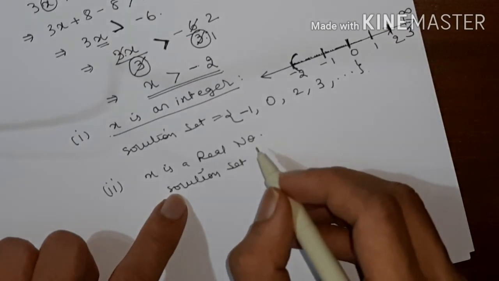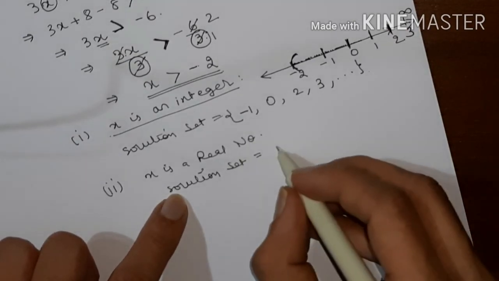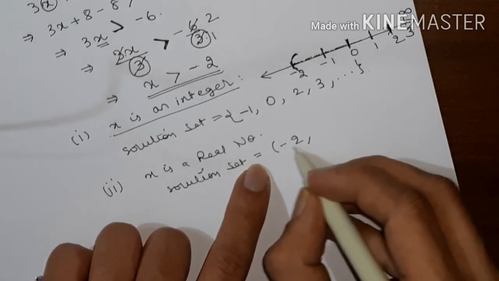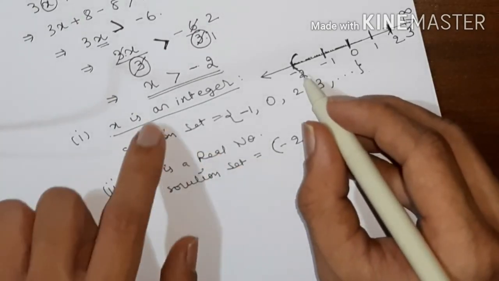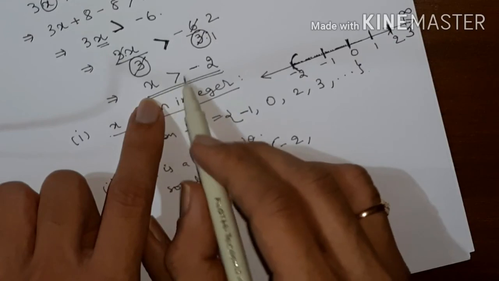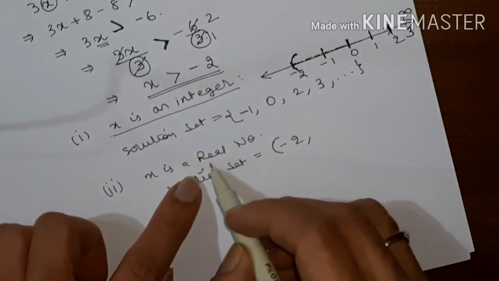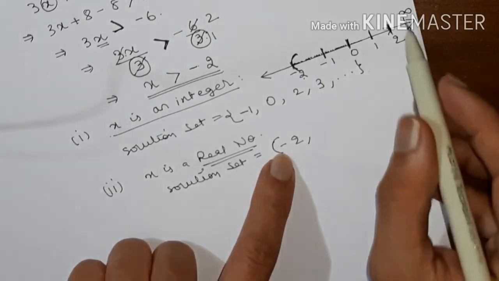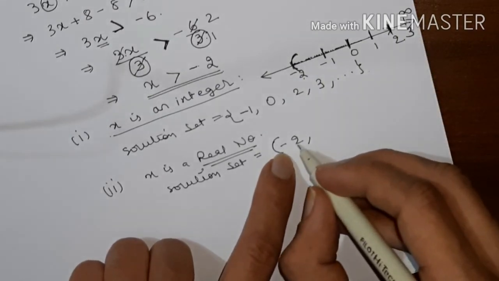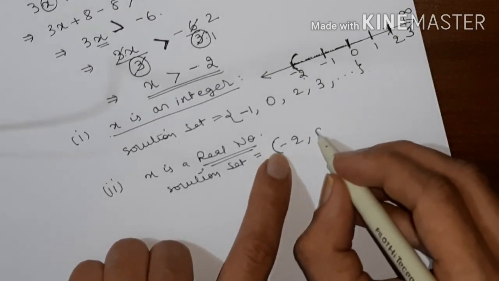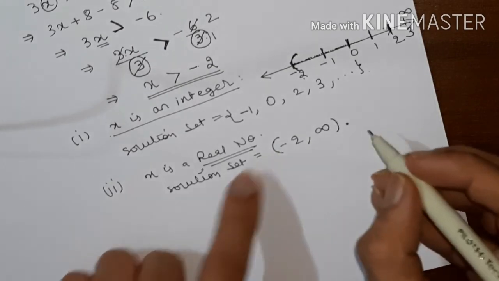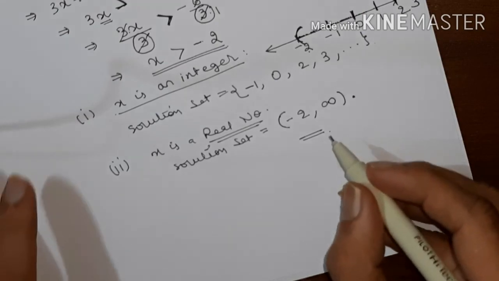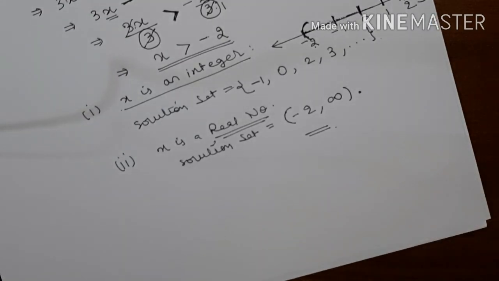So the solution set is from -2 open, because -2 is not included. x is greater than -2 and x is a real number, so -2 is not included, and all the real numbers here on the number line. So open -2 to infinity open. So that was the fourth problem.